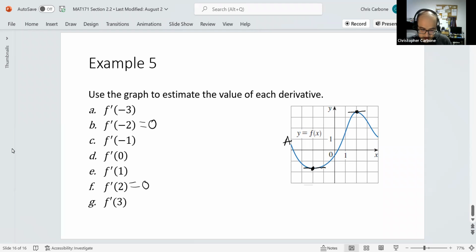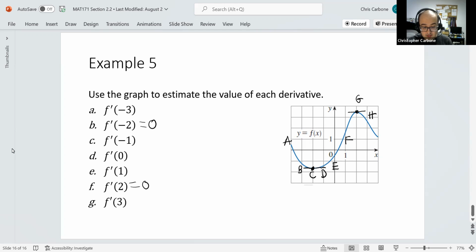So I'm going to call A this first point over here. We have B down here, C, D, E, F here, G, and H.